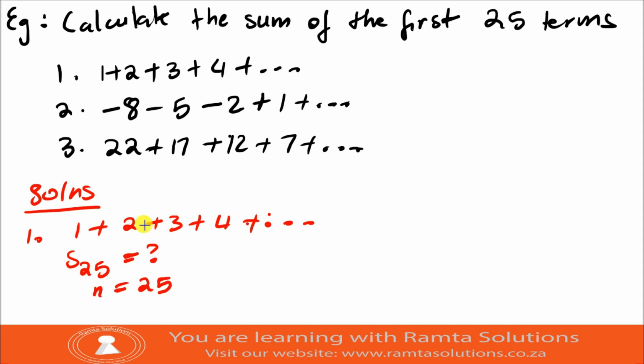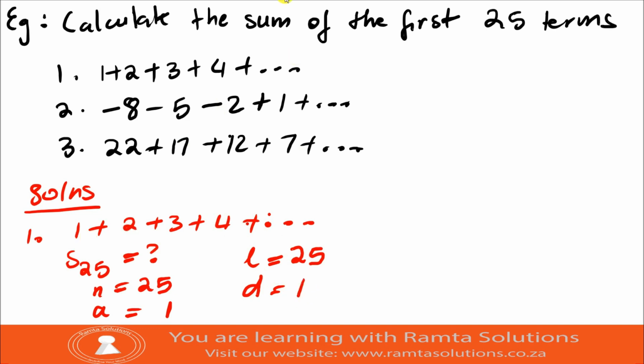Here we can see that our first term is 1. Our last term is 25, because it's 1, 2, 3, 4, up to 25 terms. Otherwise, your common difference, 2 minus 1, is 1.